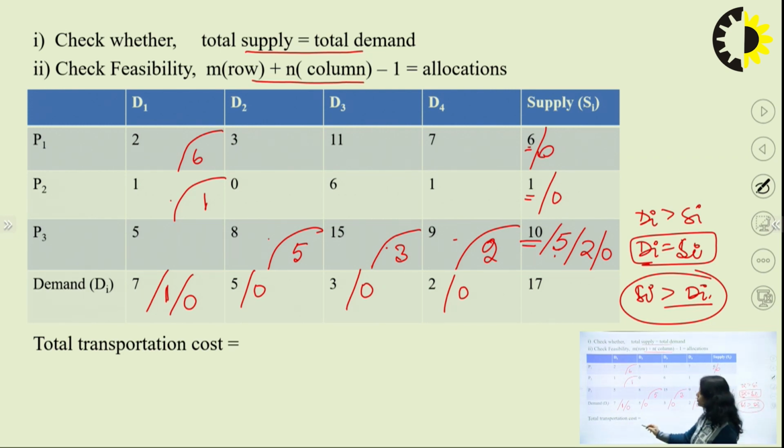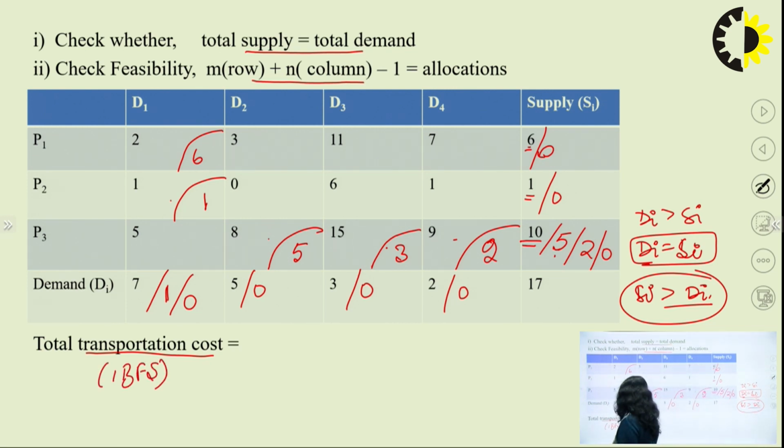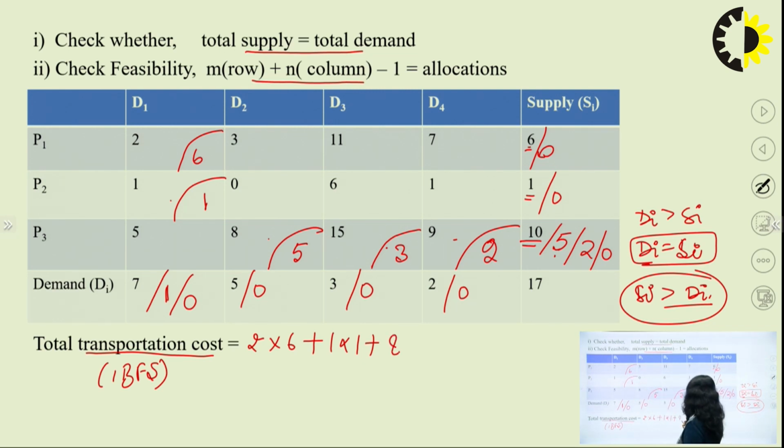Now we will find out the total transportation cost, and this will be the initial basic feasible solution, IBFS. Okay. Now how will we find out the cost? We will see the allocated cells only and multiply these terms. So first 2 into 6 plus 1 into 1 plus 8 into 5 plus 15 into 3 plus 9 into 2.